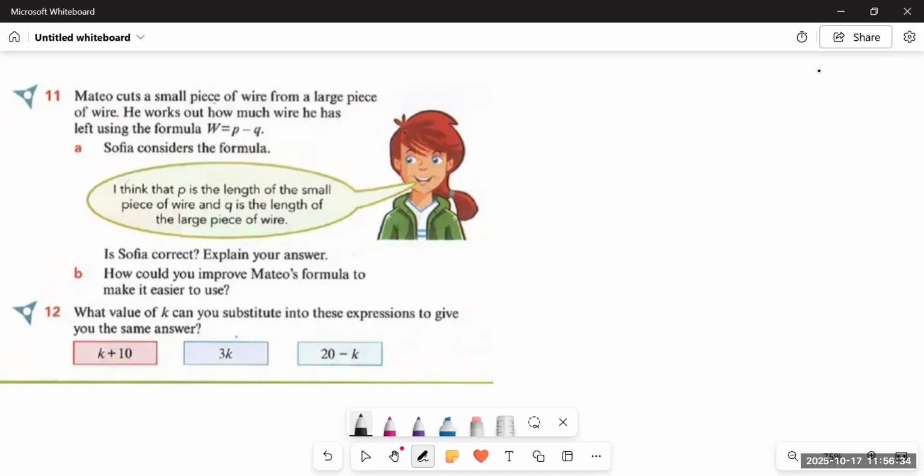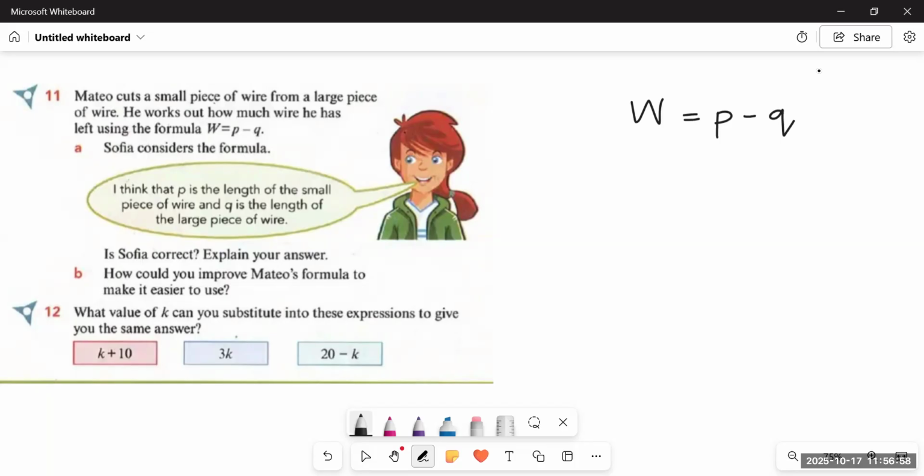So here in this formula where we have W is equals to P minus Q, and it says that Matthew cuts a small piece of wire from a large piece. It means he is subtracting the small piece from the large piece, and so he will get the amount of wire he is left with.